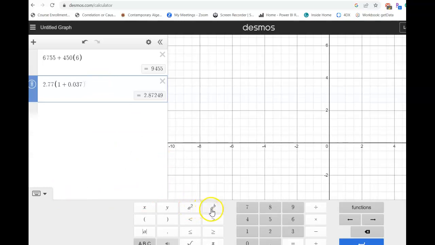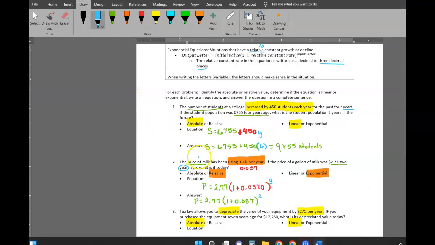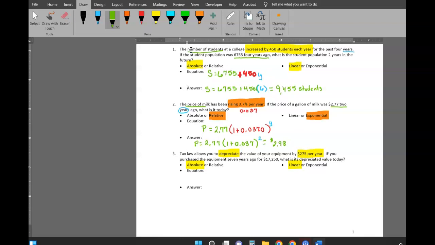You'll see you have a to the b power. That's your exponent key. We want to raise it to the second power. So we get $2.90. The 8 will make the 7 also an 8, so $2.98. Making sure we label our answers. All right.